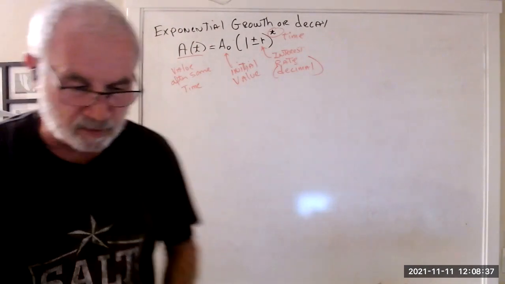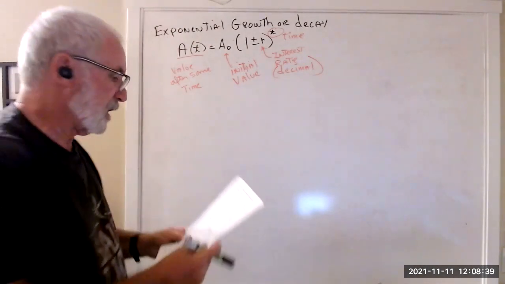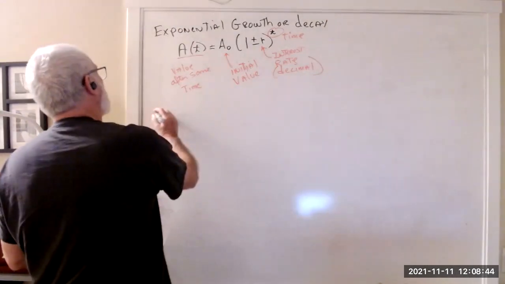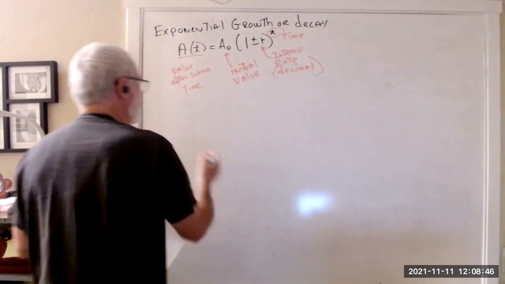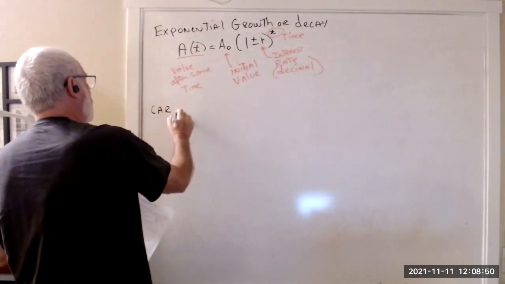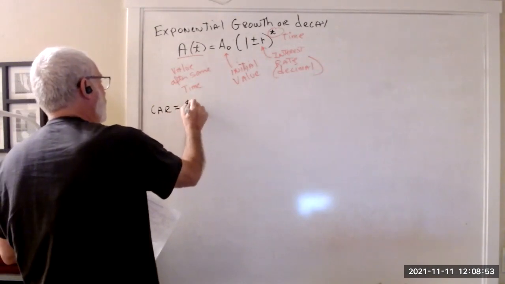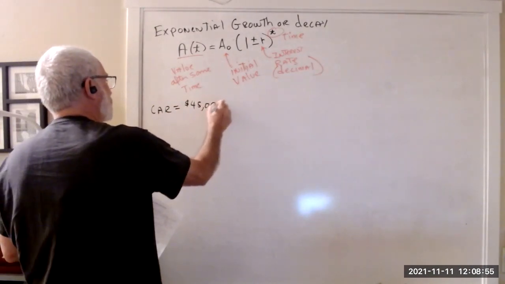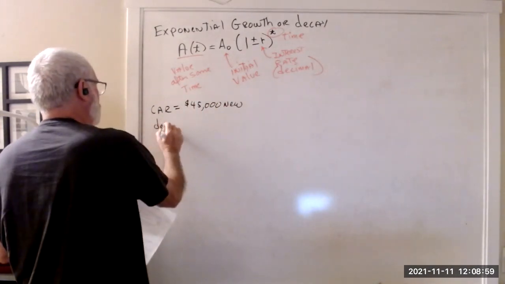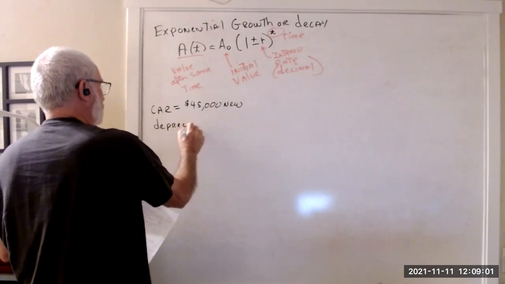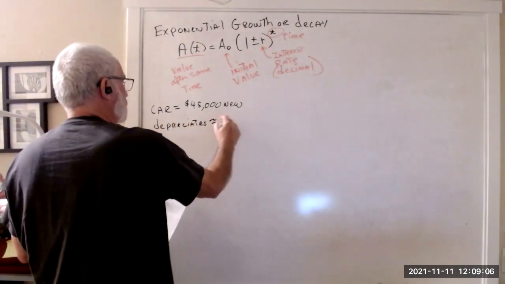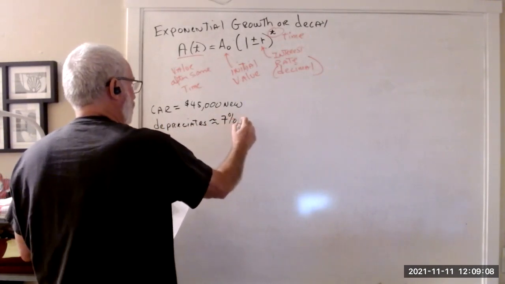So the first problem says a car costs $45,000 new. Okay, so if you don't have the worksheet, I'm going to paraphrase it up here. Car equals $45,000 new, but it depreciates about 7% each year.